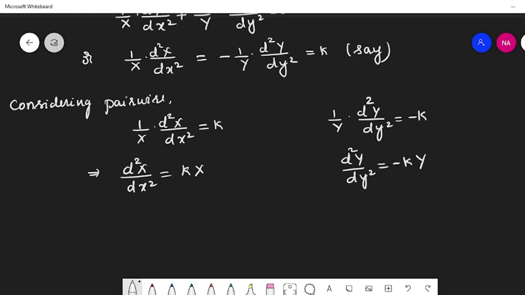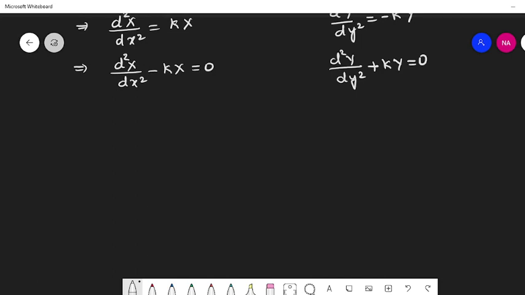So you can rewrite this as d square X by dx square minus kX equal to 0, right? Similarly, d square Y by dy square plus kY equal to 0. Now for the first equation, assume capital D stands for d by dx.